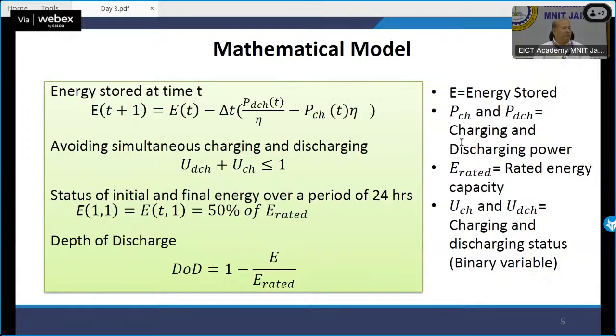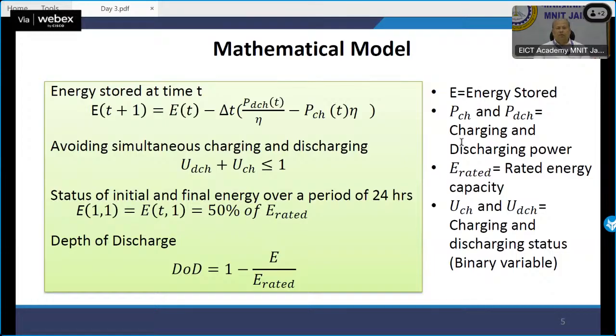So out of 4 states, idling is charging 0, discharging 0; charging is UCH 1 and UDCH 0; discharging is UDCH 1 and UCH 0. But there is no state which is both charging and discharging. So this constraint we have introduced by making UDCH plus UCH less than or equal to 1.